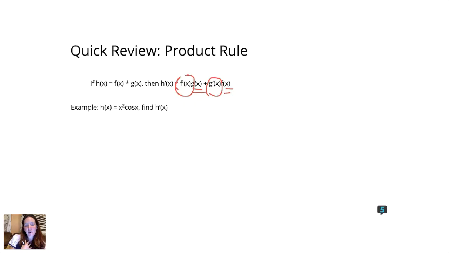This is how I do it, so feel free to do it the way I do it if you like it, or the way your teacher does it. I can't remember the mnemonic to help me anyway, so I'm more of a visual person. So I always set up a table, okay? And in my table, I start by writing my two functions, so f of x times g of x.